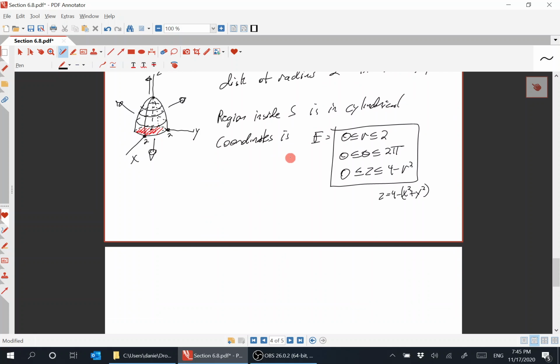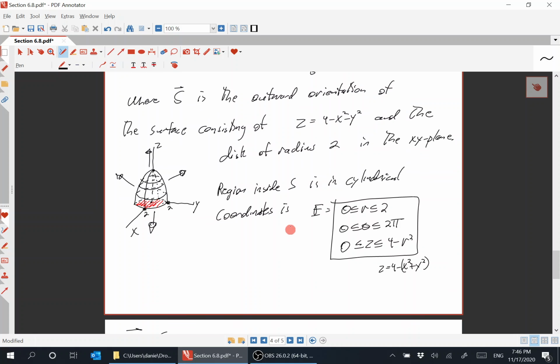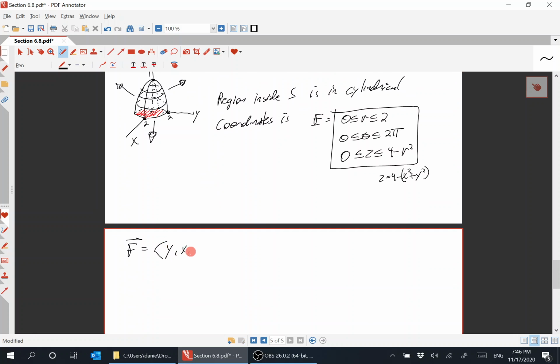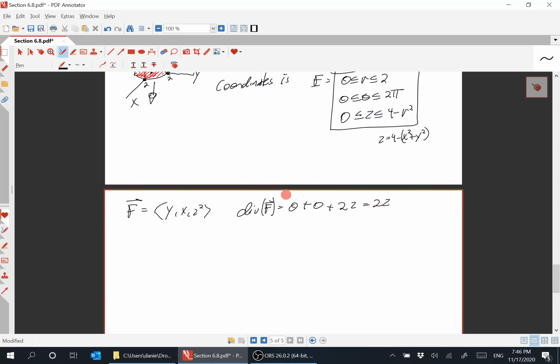All right, so again, F was equal to yx z squared. So the divergence of F is equal to 0, the derivative of y with respect to x, plus 0, the derivative of x with respect to y, plus the derivative of z squared with respect to z, which is 2z. So it's just 2z.